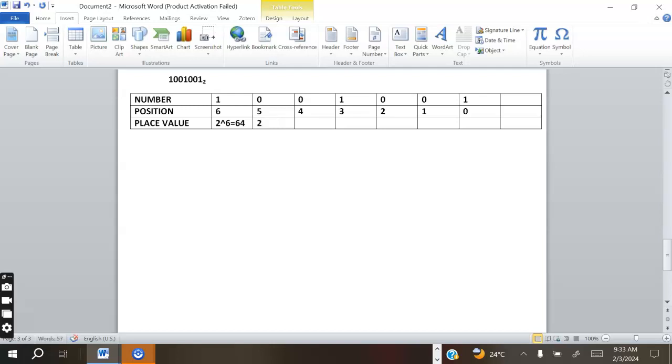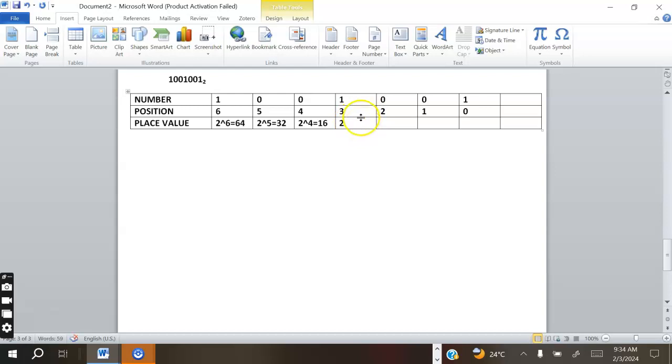Then for this one, this is 2 raised to power 5, which is supposed to give us 32. While this one, this is 2 raised to power 4, which is supposed to give us 16.